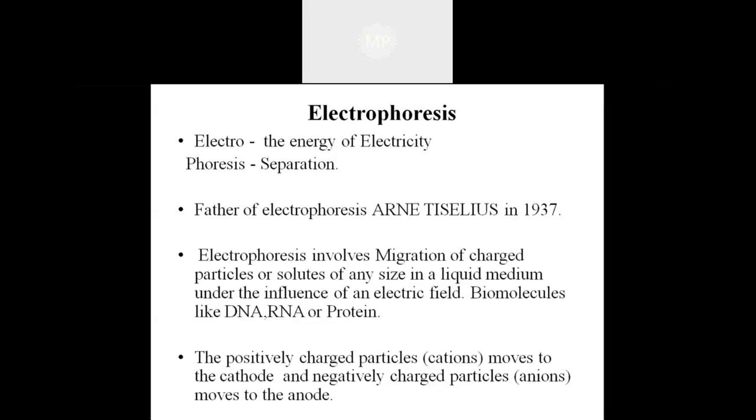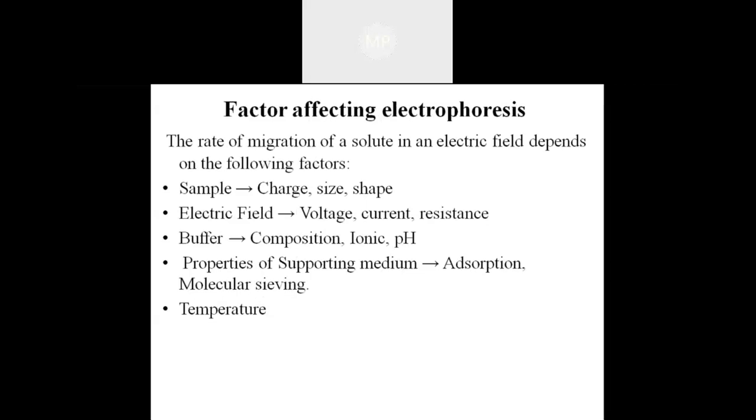Basically, electrophoresis involves the migration of charged particles or solutes of any size in a liquid medium under the influence of an electric field. Based on their size and charge, the molecules travel through the gel in different directions at different speeds. Positively charged particles move to the cathode, and negatively charged particles move to the anode.